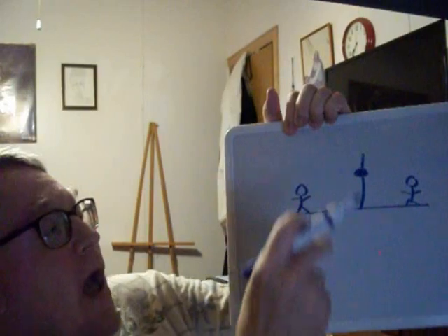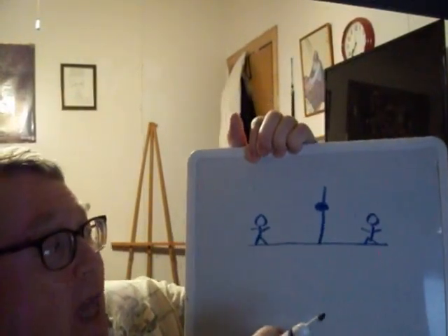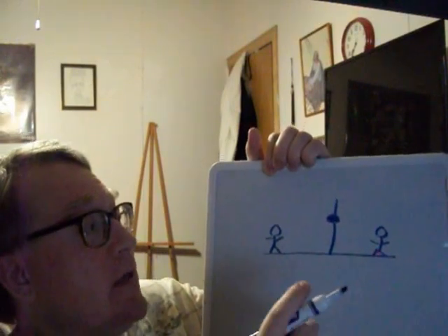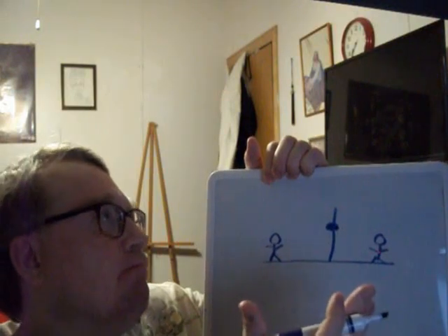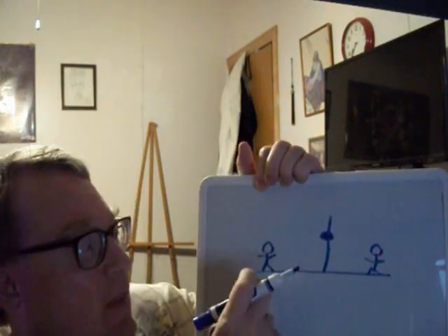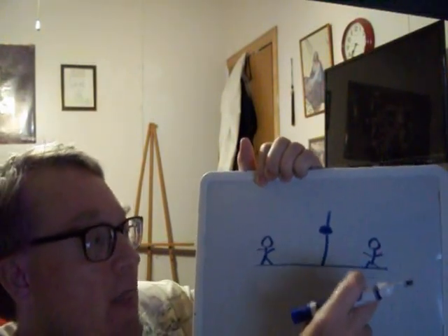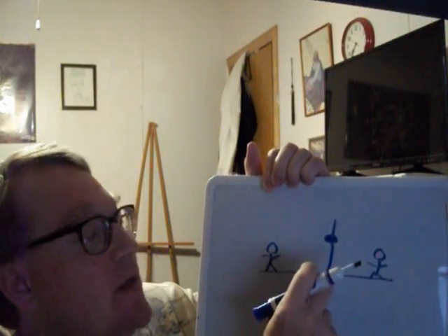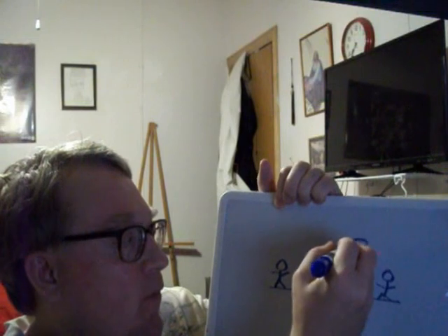You got guy number 1 over here, you got guy number 2 over here. Now, let's say that they are, I don't know, 100 centimeters apart. This guy is 100 centimeters away from this guy. That means that this guy is only 50 centimeters from this flagpole. This would normally be a flagpole. We'll just put a little flag right there.